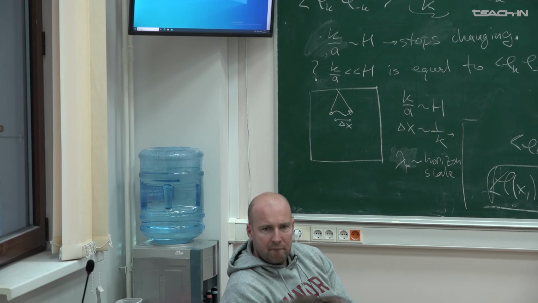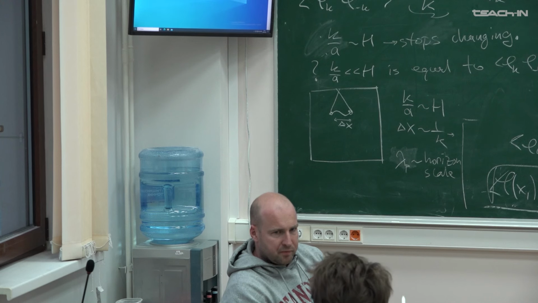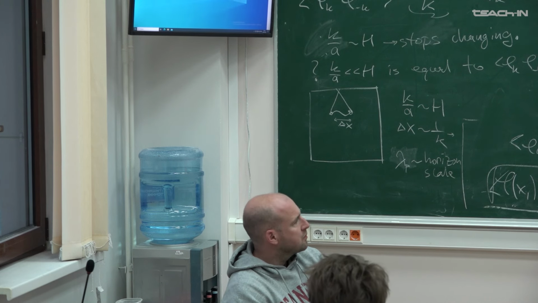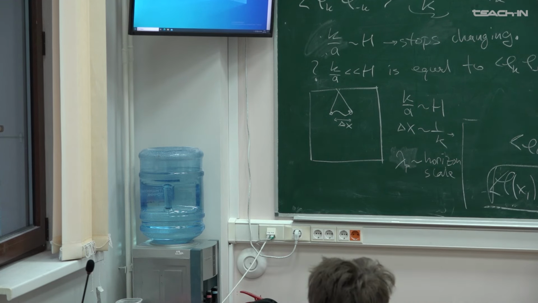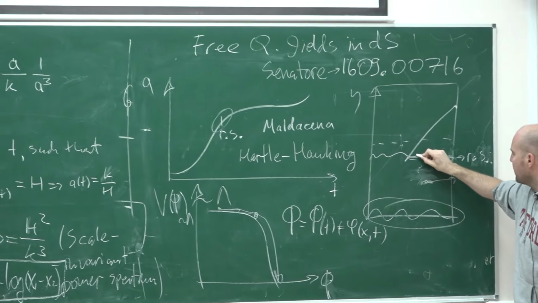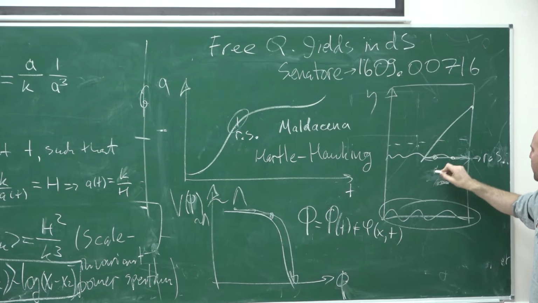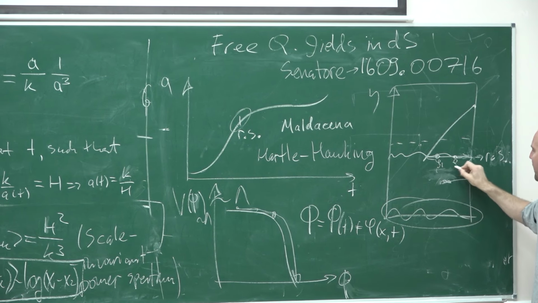Could you explain one thing? You said that it is impossible to measure in de Sitter the correlation function, but as I understood, it is literally the correlation function. Yeah, but I told you that if we were in a pure de Sitter, like with the dashed line, we would have problems measuring this. Say this correlation function produces some correlation between these two points, phi of x1 and phi of x2.